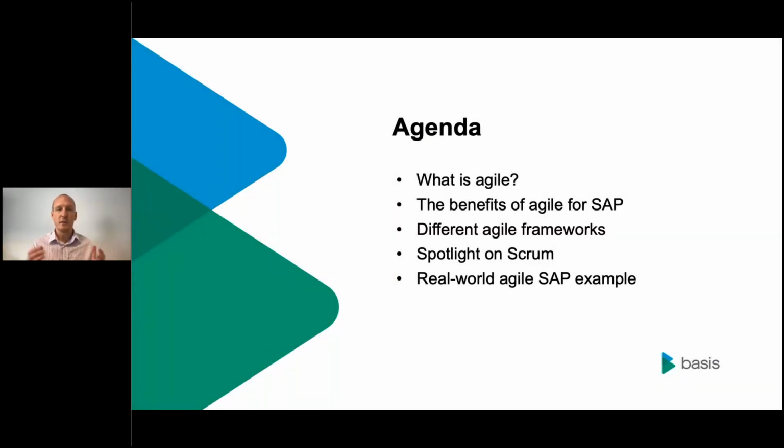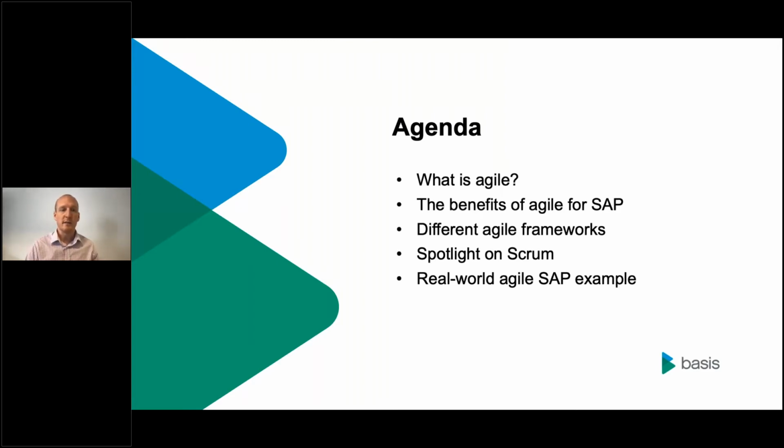So here's our agenda. You'll have seen roughly this when you signed up for the webinar, but this is what I'm going to take us through in the presentation. We're just going to start with the big picture, first of all, of why this is such a relevant topic, particularly today, and what we mean by Agile development, and why that's a positive approach for many organizations today in SAP.